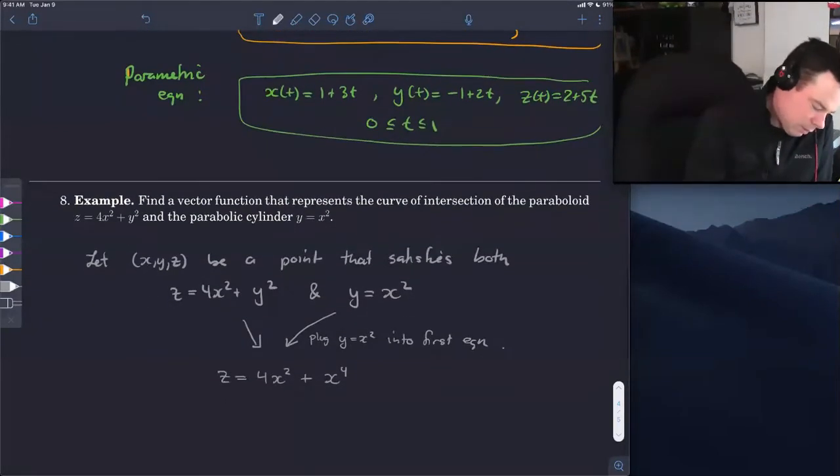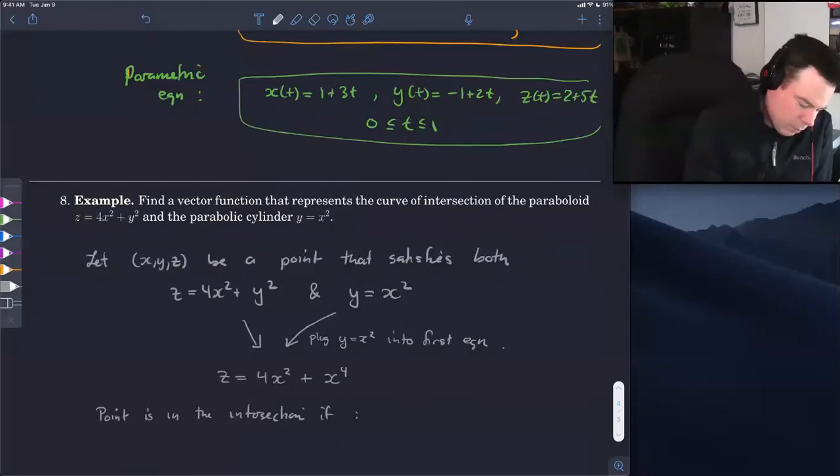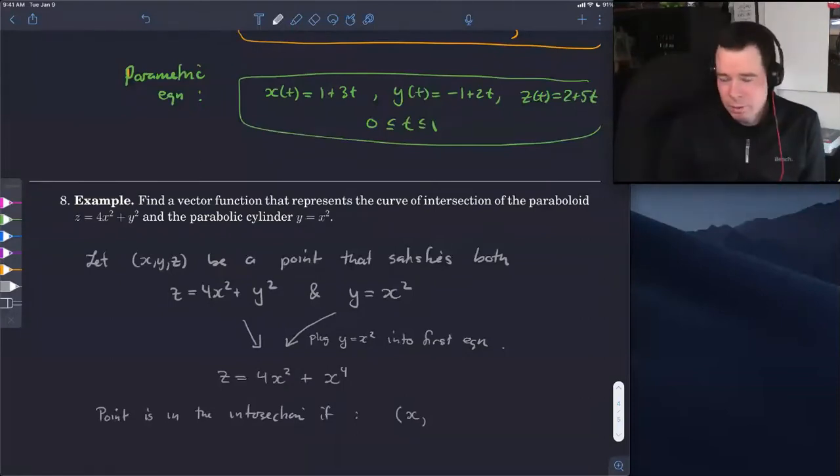This tells us that the point is in the intersection if the point is of the form x. What would the y value have to be?